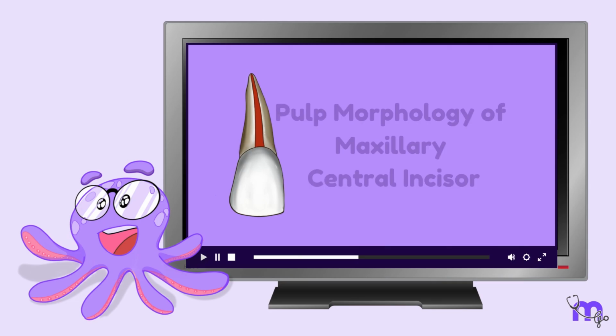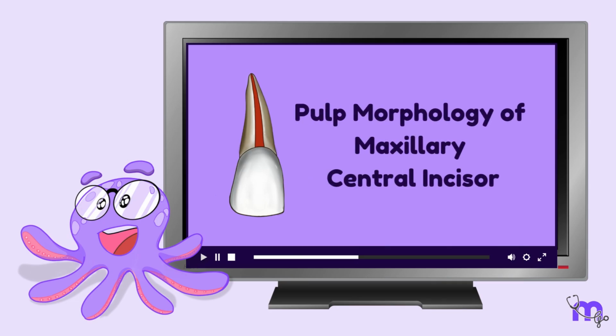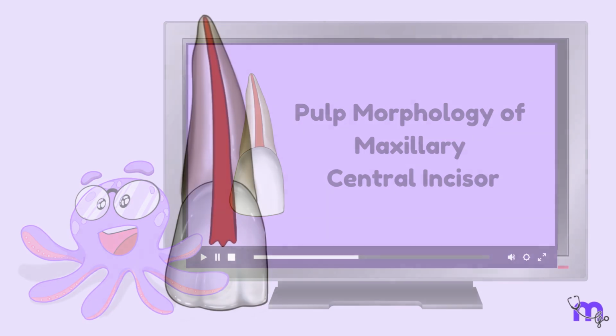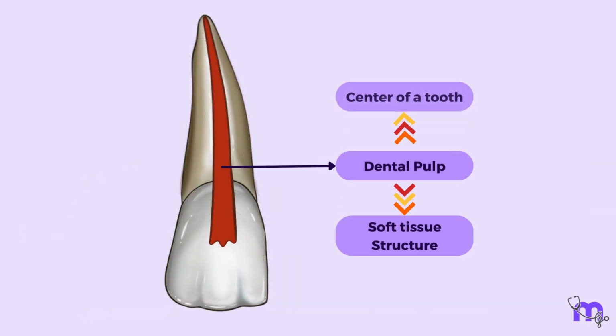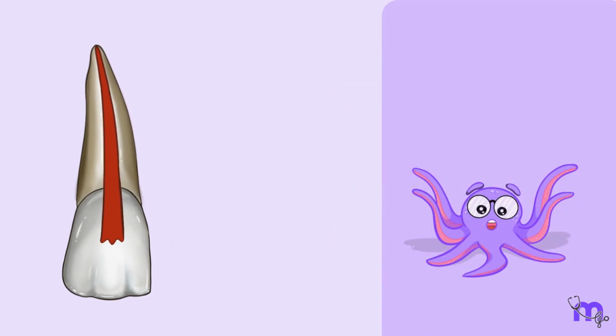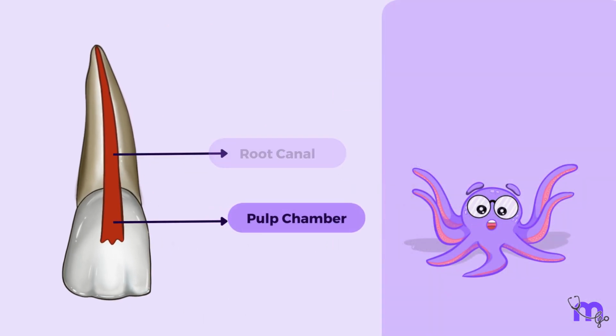Lastly, let us also discuss the pulp morphology of the maxillary central incisor in brief. Dental pulp is the innermost soft tissue structure in the center of a tooth. It is divided into a pulp chamber and a root canal. Its morphology varies from one tooth to another.